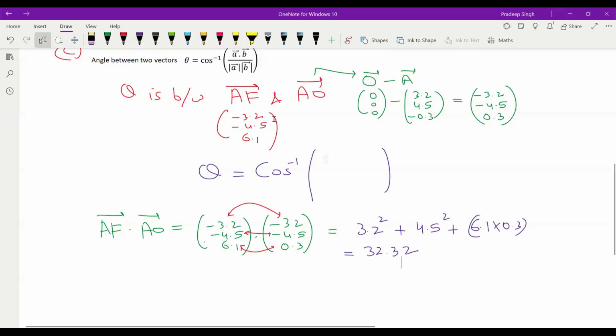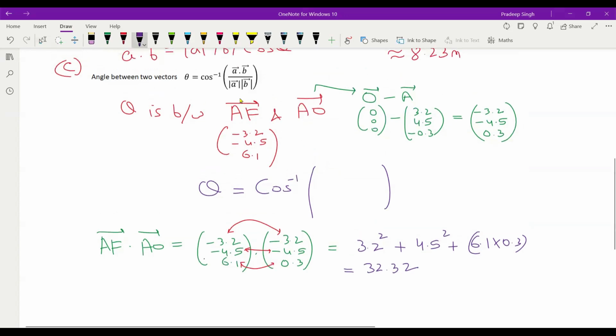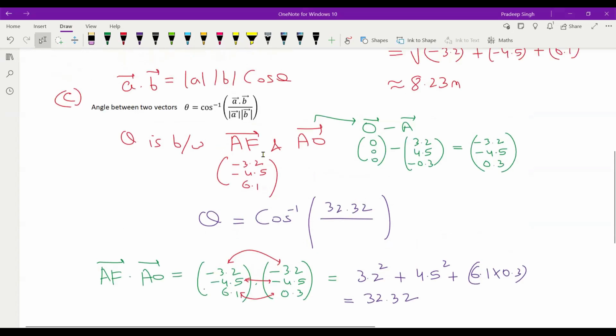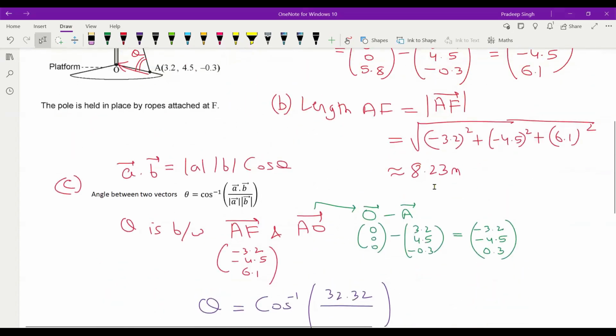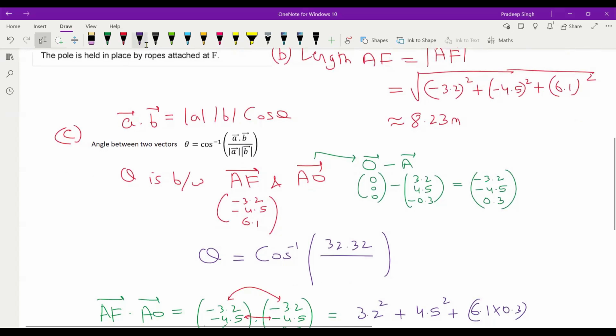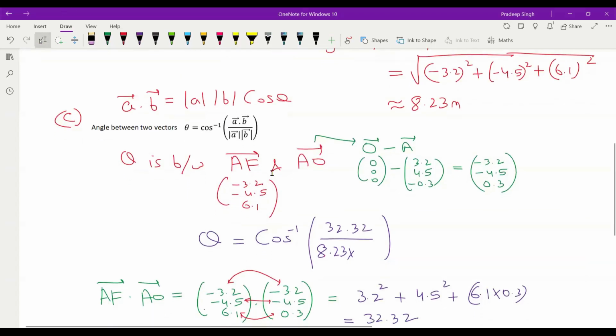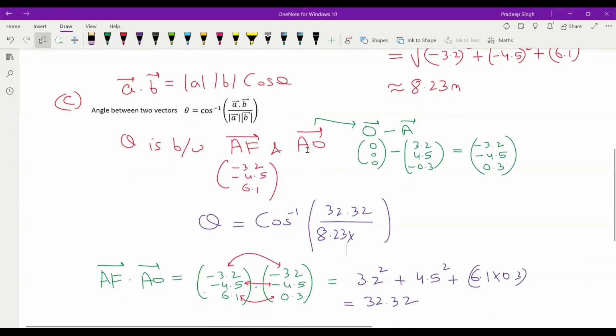This dot product we can write in the numerator. So let's write 32.32. And in the denominator, observe, we have just the magnitudes of the two vectors. The magnitude of AF vector, we had already found out as 8.23 meters. So let's write 8.23 multiplied by the second vector in this case, which is AO vector.